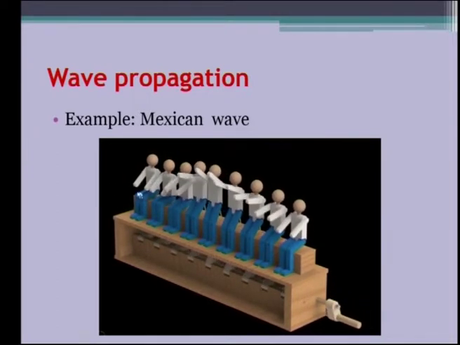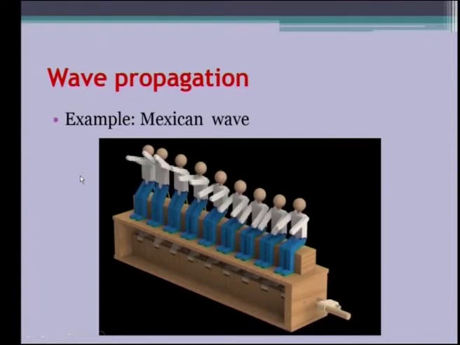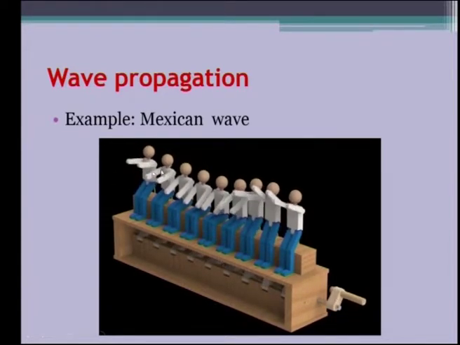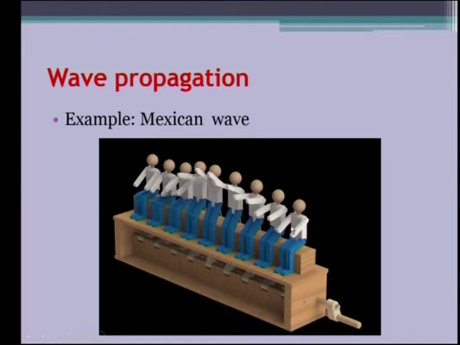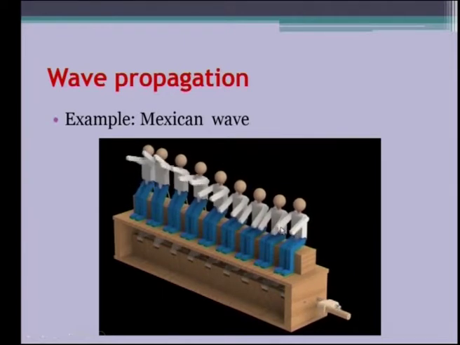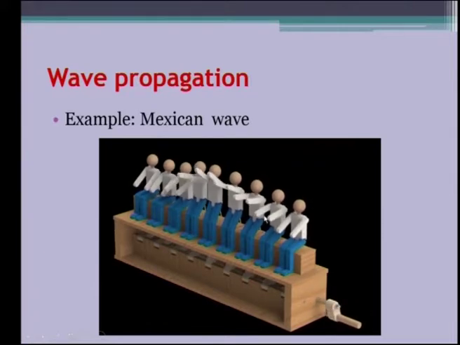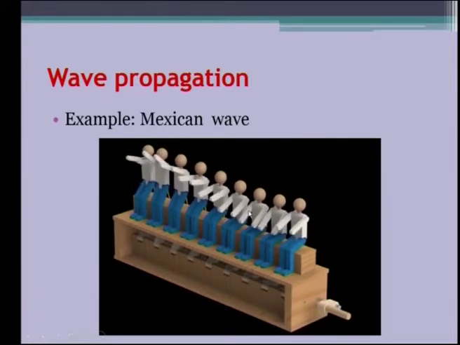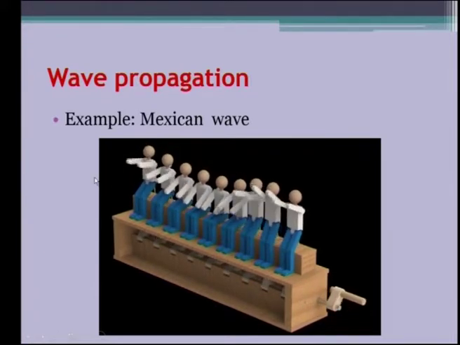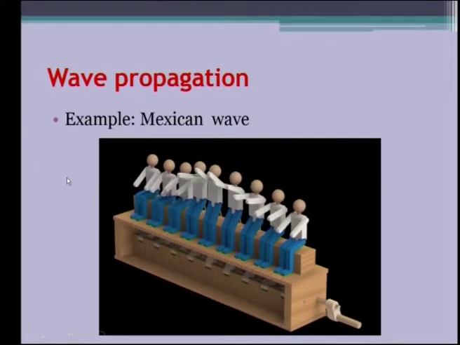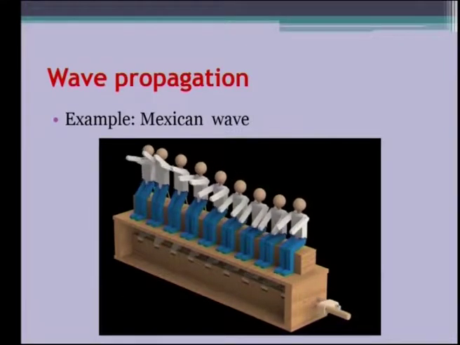So, it is a typical example of the transverse wave. The kinetic energy of moving up and down is transferred to the next person and his kinetic energy is transferred to the next person and so on, and it is happening forever as far as a plane progressive wave is concerned.